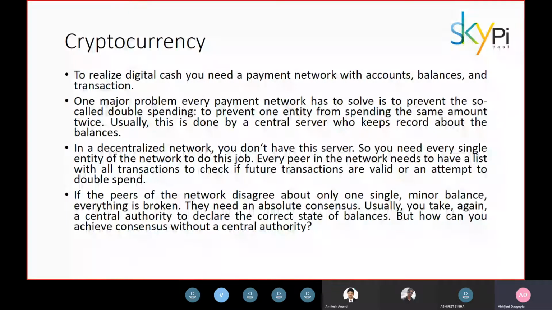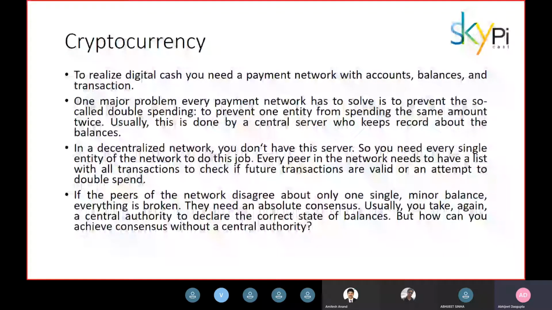Usually, this is done by a central server which keeps records about the balances of accounts. Let's imagine for a second if we have 100 rupees available with us, and if there is a possibility that we could spend that 100 rupees in two places and buy goods worth 100 rupees from two places.